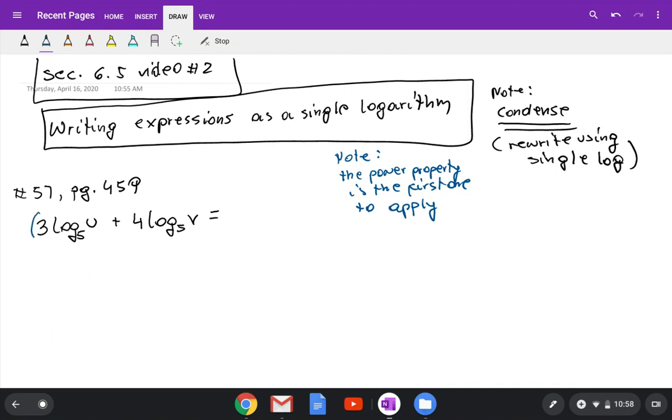So look what happened. You have a number in front of log. So you're going to put that number back as a power. You're going to use that power property. Also, you have 4 in front of the second log. You're going to move that 4 back as a power of v. So we're using the power property first for both of them.